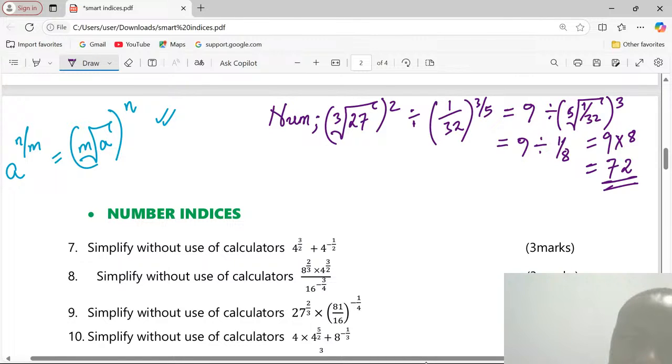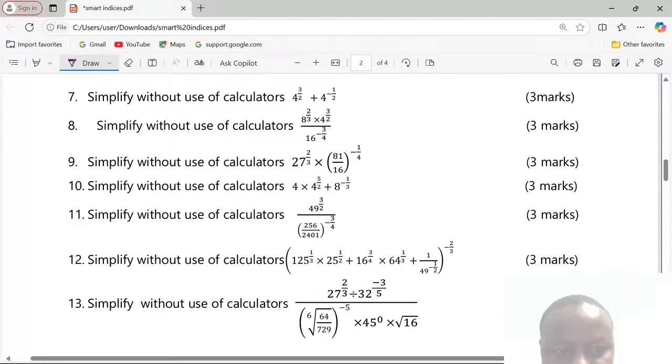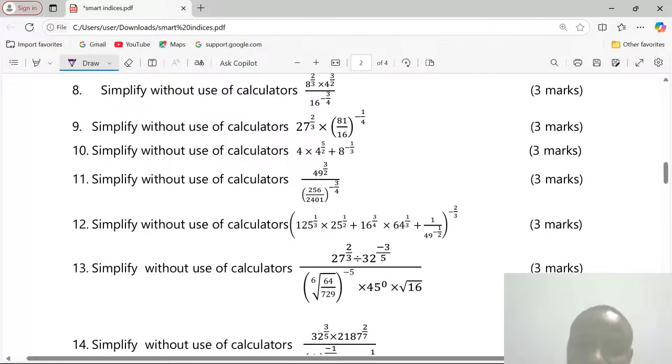What about the denominator in that case? There are some of the laws which we had not applied. We're going to see them at this point now. We have the sixth root of 64 divided by 729, then everything raised to -1/5.